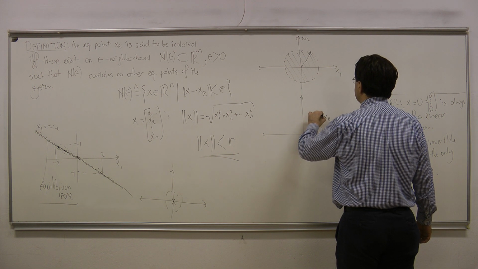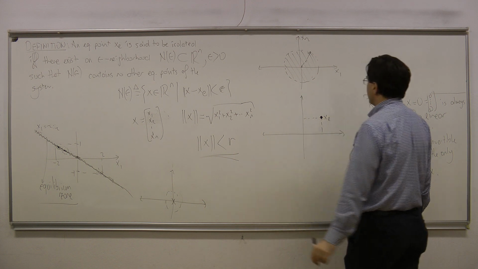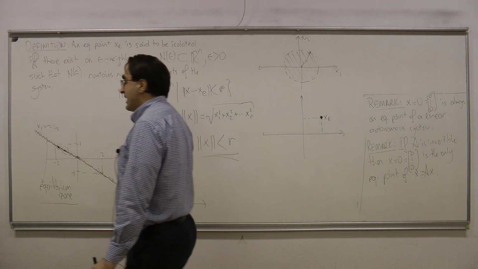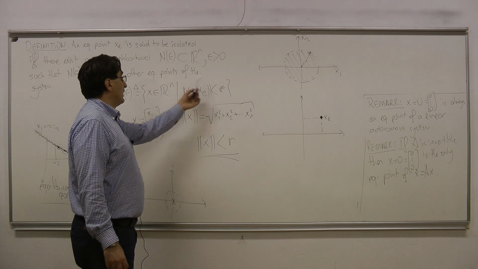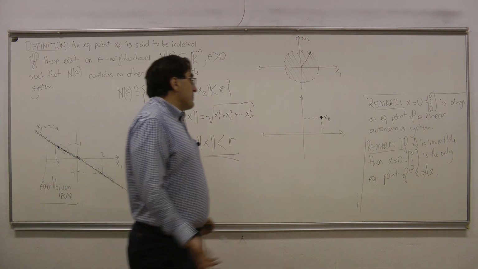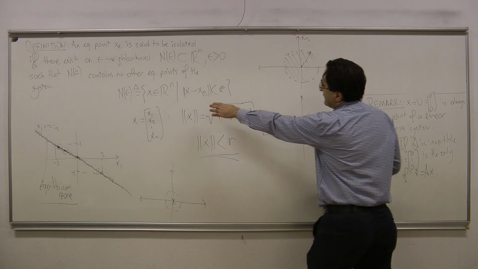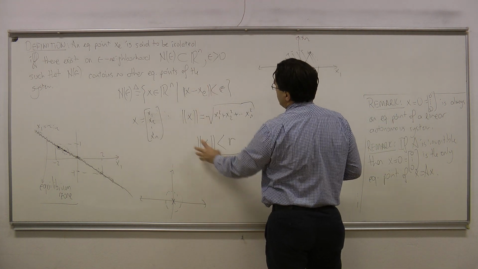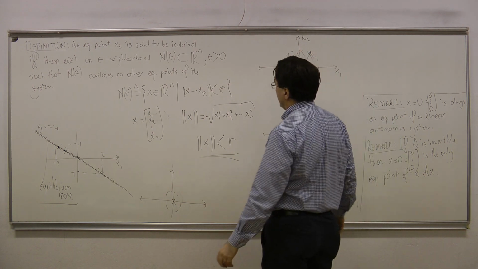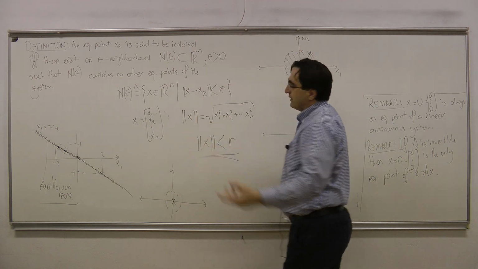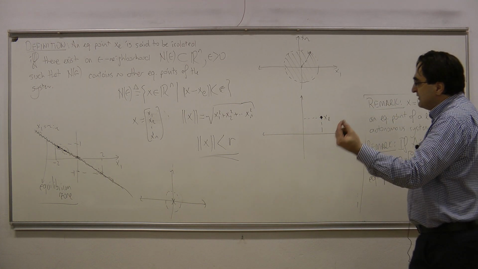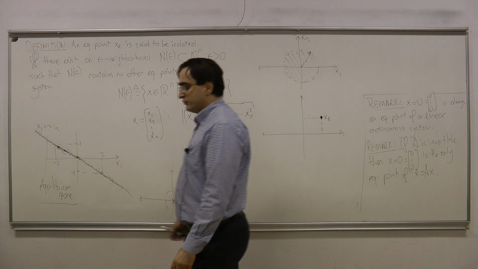This is my equilibrium point. And how can I show the region that is described by this inequality? In that case, obviously, if xe equals 0, you see that this turns into this region with the radius epsilon. So here this xe is behaving like the center of this region.